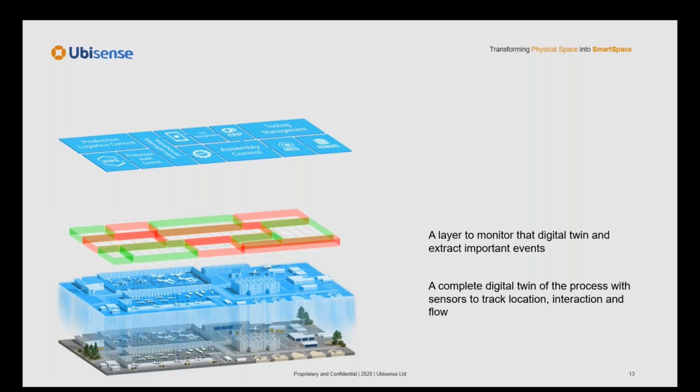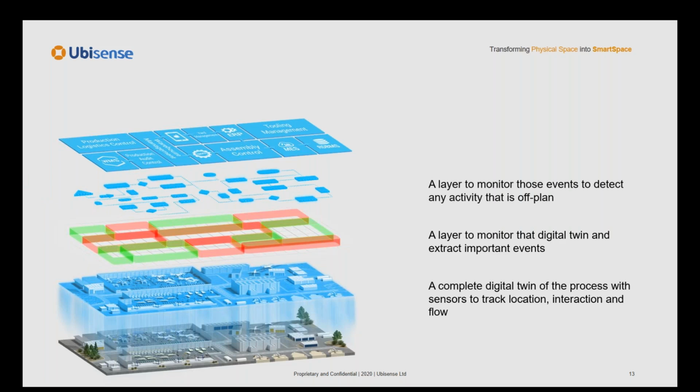Then we have another layer on top, which will transform coordinates of assets, X, Y, Z coordinates, which you don't really care about, into what you care about, which is, for instance, an asset entering a zone. Events. A product arrives at a station, for instance, and this layer is filtering those coordinates and generating important events.